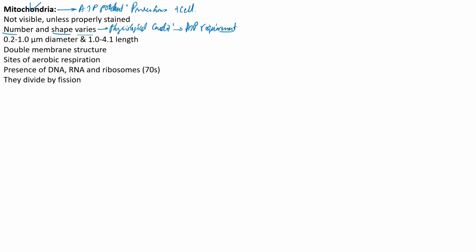That is why the number of mitochondria varies, and even the general shape, we can say it is sausage shaped, or elongated or somewhat cylindrical. Elongated or cylindrical in shape.